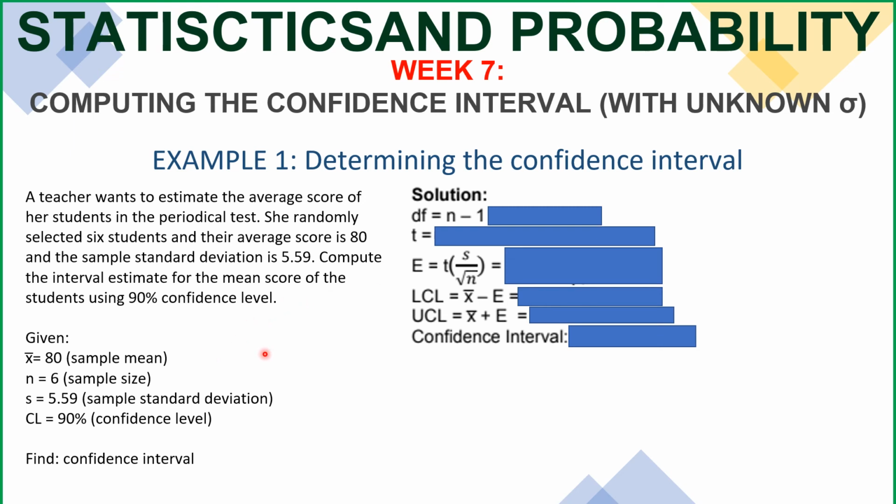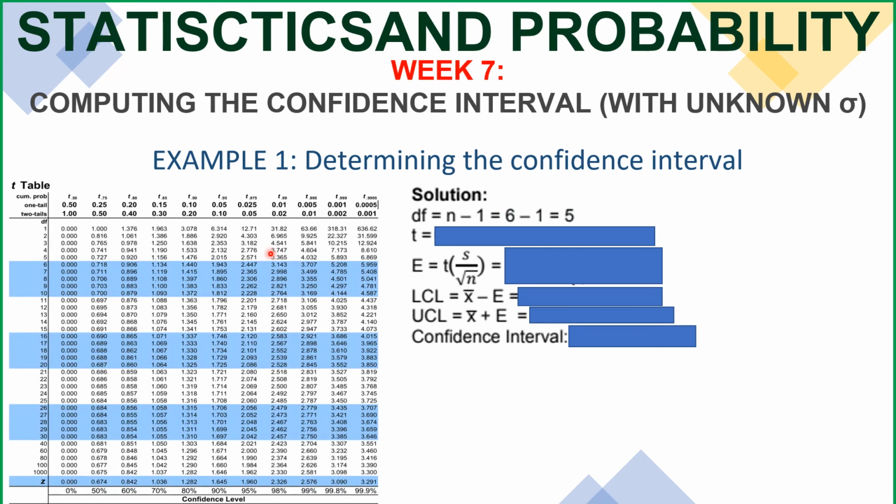Pero, since wala yung t-score natin, we have to find first the t-score by applying yung natutunan natin kanina sa pagkuha ng t-score using the 4 steps, and sa pag-compute ng degree of freedom. So, let's start.